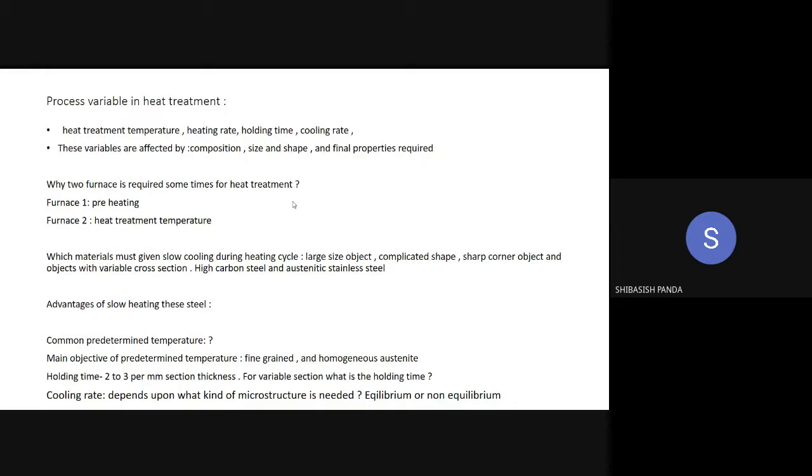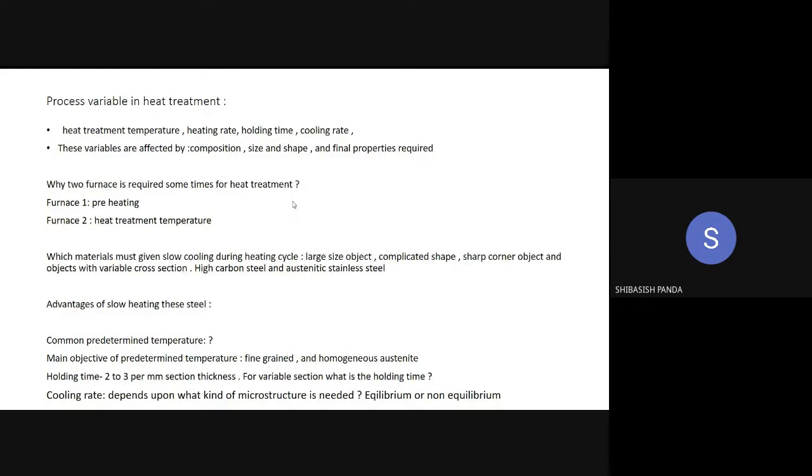Okay, before telling that, let me tell you one important thing. The predetermined temperature is sometimes inversely proportional to the holding time or soaking time. Okay, there is a confusion. Actually, the predetermined temperature is fixed. It is not variable.